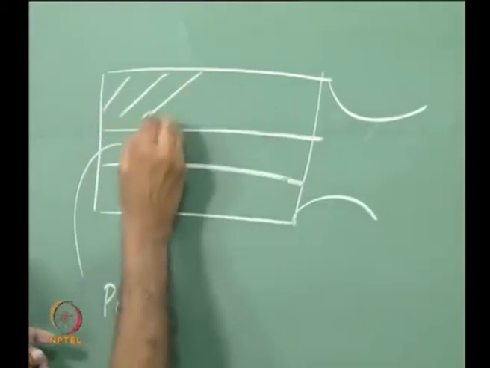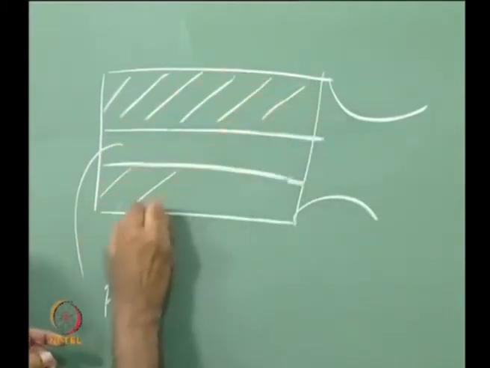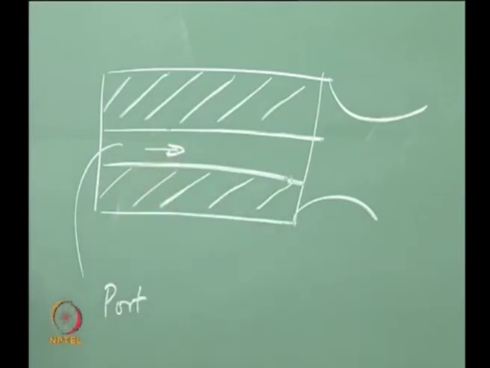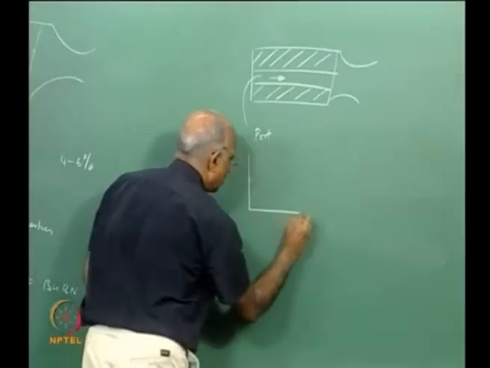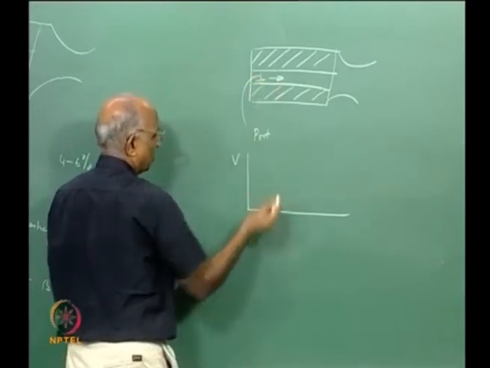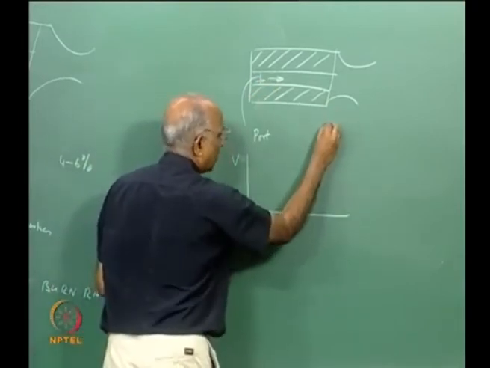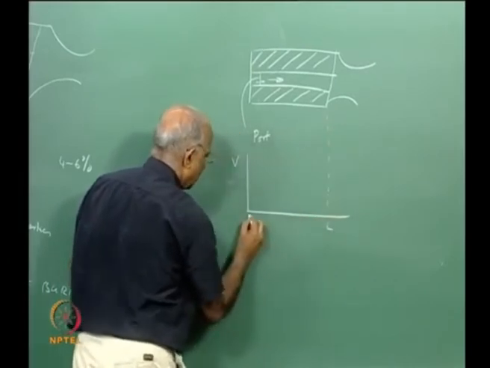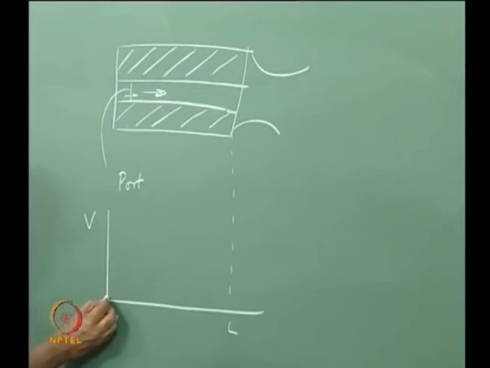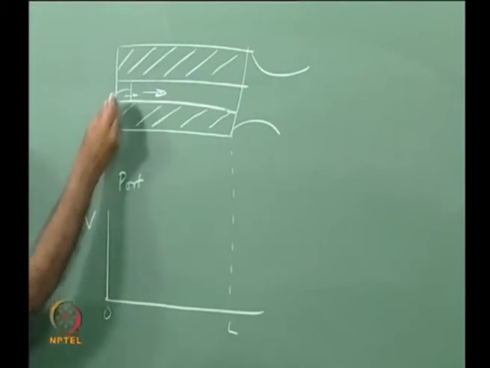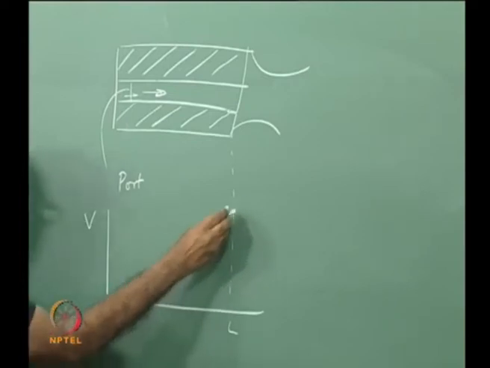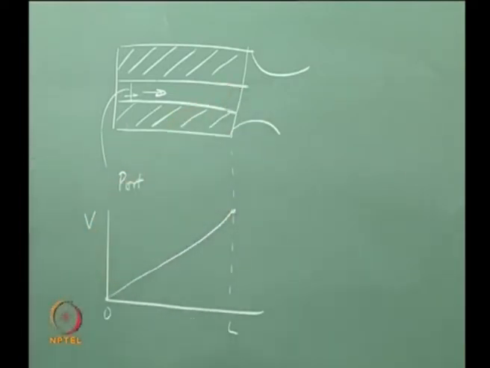Let us say this is the propellant grain, gas is coming out. Let us plot the mean velocity of the gases which is moving here as a function of length, starting from the head end towards the nozzle end. Here there is hardly any velocity, but more and more gases are flowing, therefore the velocity is increasing over here. Velocity is maximum at the nozzle end.